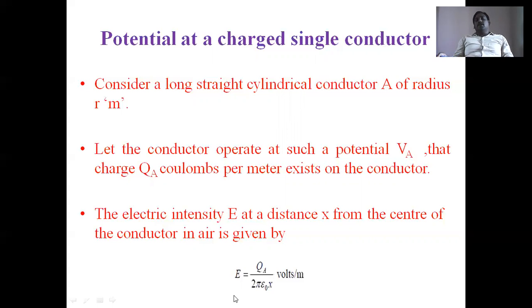This is the electric field intensity at point P, located at x meter distance from the center of conductor A. So E equals QA by 2 pi epsilon naught x volts per meter, where QA is the charge on conductor A.